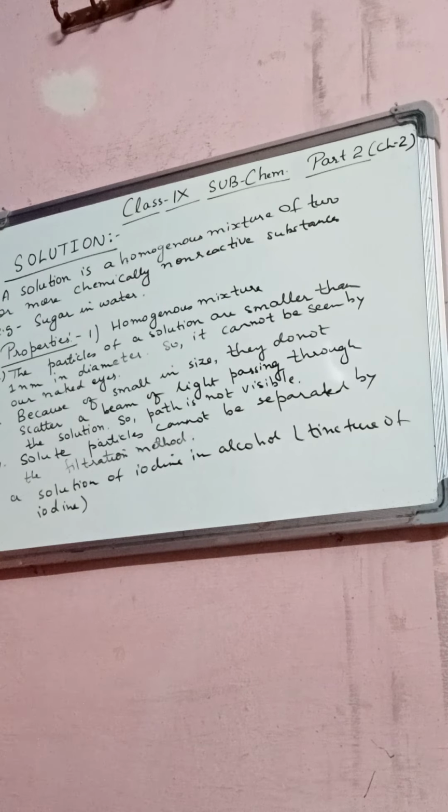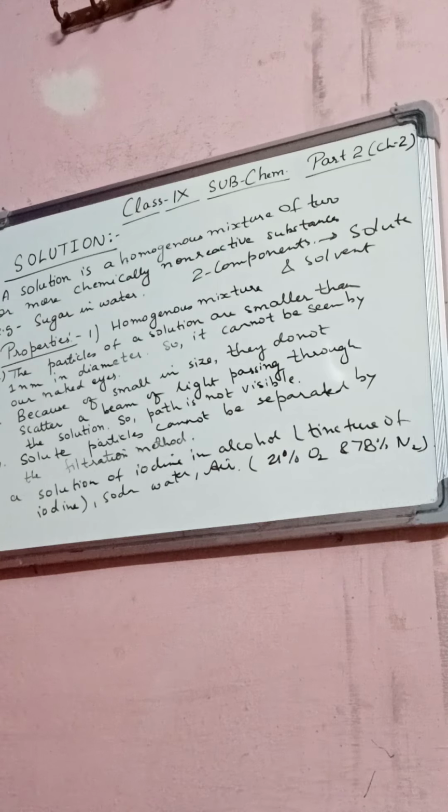The component of the solution that dissolves the other component, present in the larger amount, is the solvent, and the one lesser in quantity is the solute. So these are the properties of a solution, and I have explained the examples and the two components.